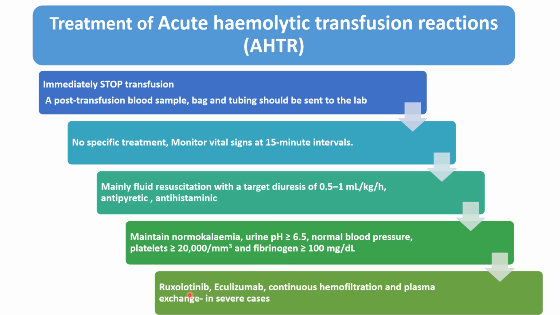There are some drugs under trial, ruxolitinib and eculizumab. We can give them for severe cases, and continuous hemofiltration or plasma exchange can be done whenever there is a severe category of hemolytic reaction.